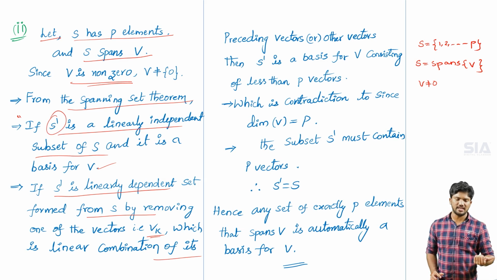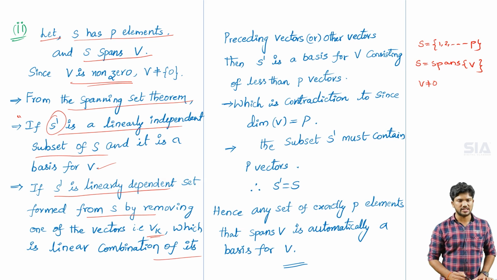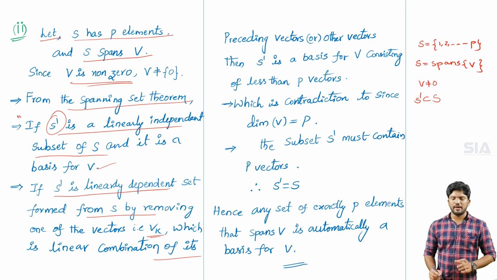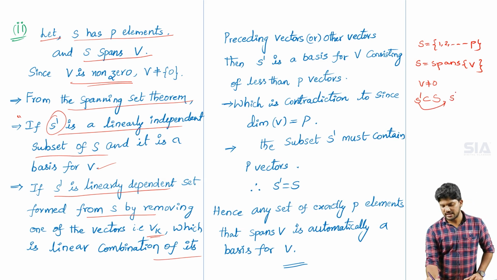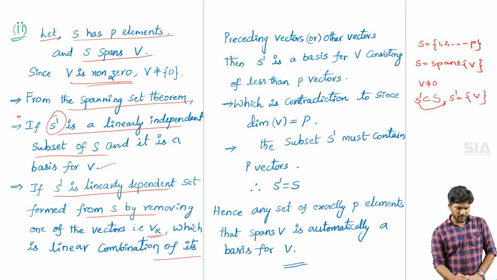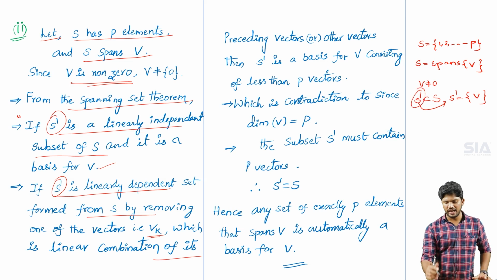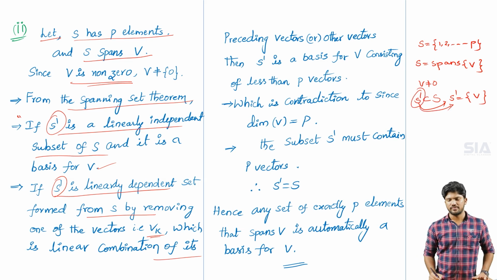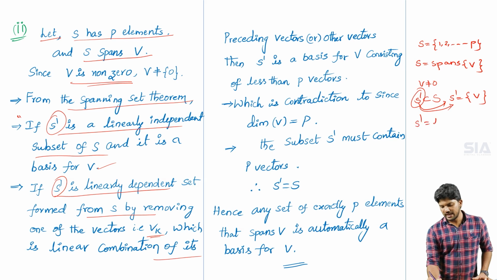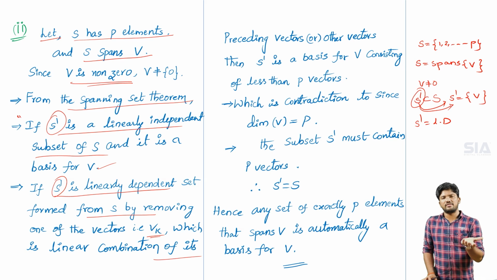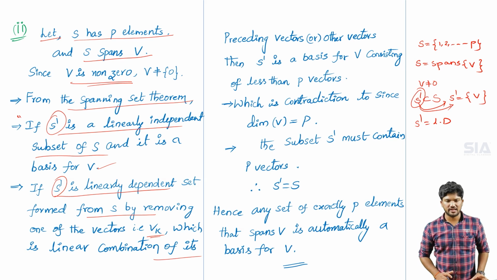S dash is another set that is also a linearly independent subset of S. If you take S dash, that S dash is a linearly independent subset of S, and it is also a basis for capital V. If S dash is linearly independent, then it is a basis for capital V. If S dash is linearly dependent, the number of vectors is more than necessary.